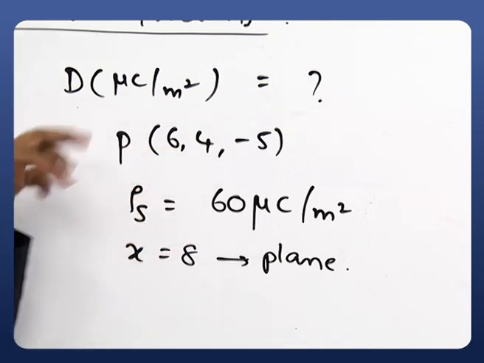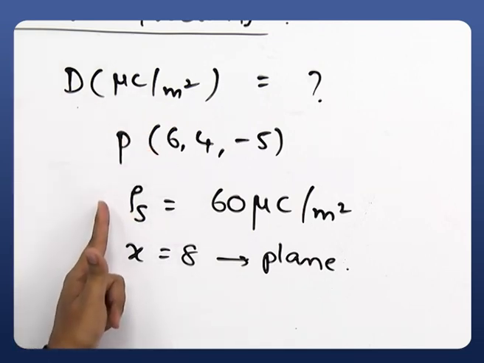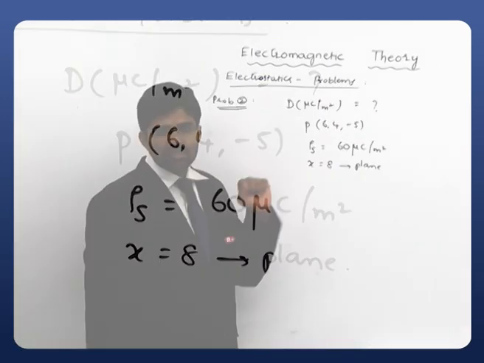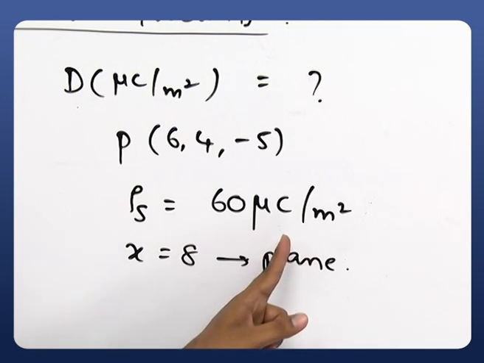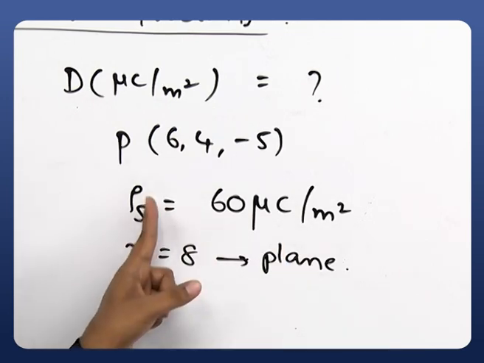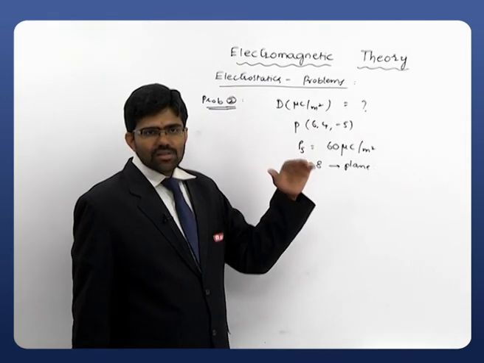This is the point where we observe the electric flux density, and that is because of a surface charge. A uniform surface charge is given with surface charge density rho s of 60 microcoulomb per meter square, located at x equals 8. So this is the given data.